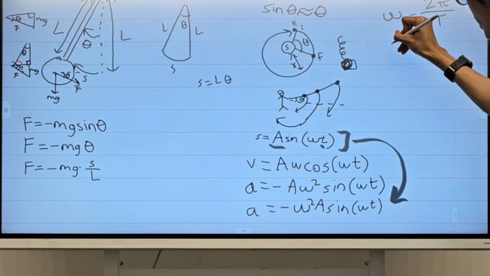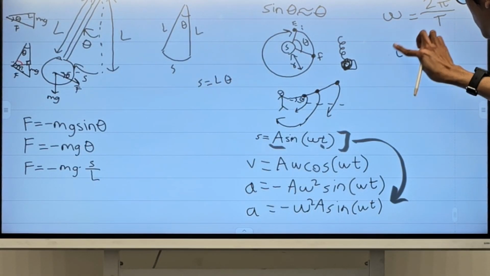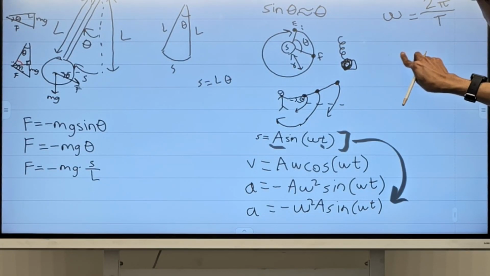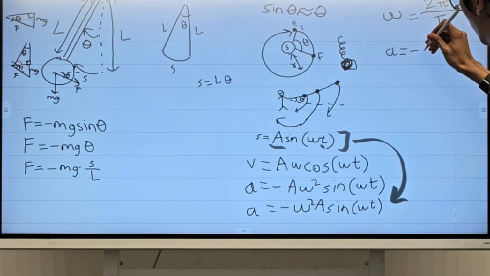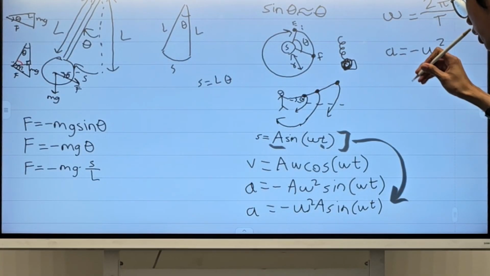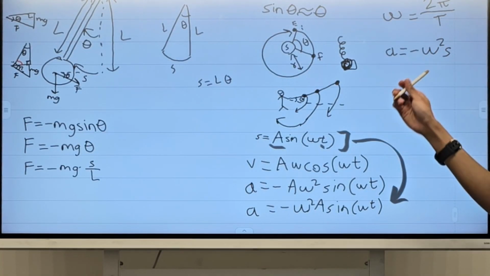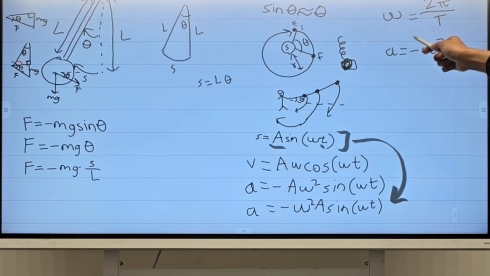So what we have here, acceleration is actually equal to, whether you like it or not, negative omega squared times the displacement s, and there we go. We have proven this equation here. Acceleration is equal to negative omega squared times displacement, where omega is the angular velocity.